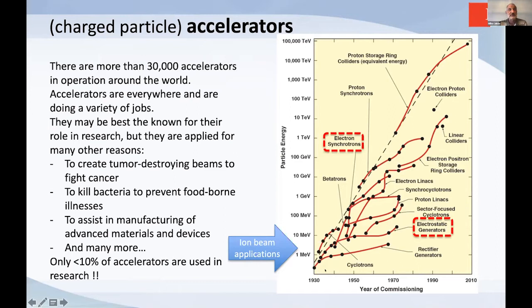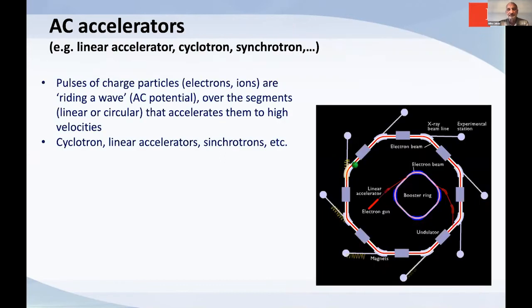For instance, maybe 40% of small accelerators are ion implantation accelerators, which are actually small implanters used in the semiconductor industry. And okay, I will start backwards from the way actual accelerators operate.